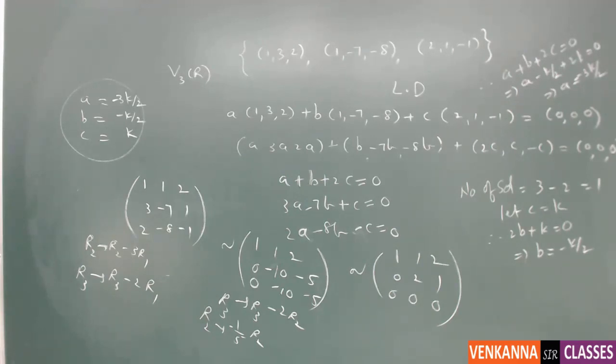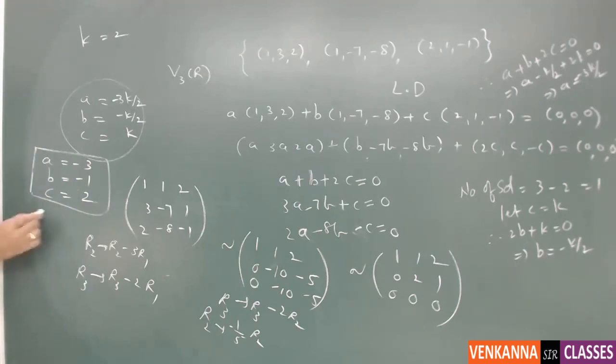Can you recollect the procedure for solving homogeneous equations? Now, k is a parameter, you can take that k is equal to 2. From this, you can say that A is equal to minus 3, B is equal to minus 1, C is equal to 2.